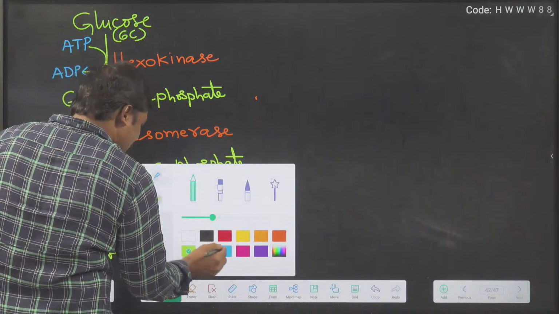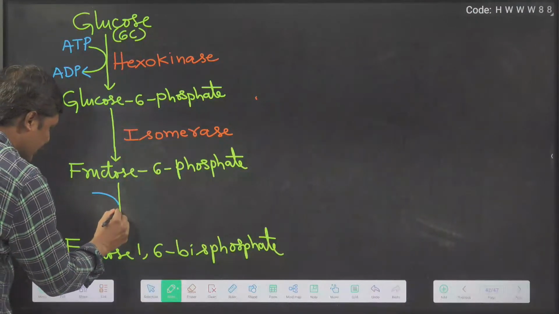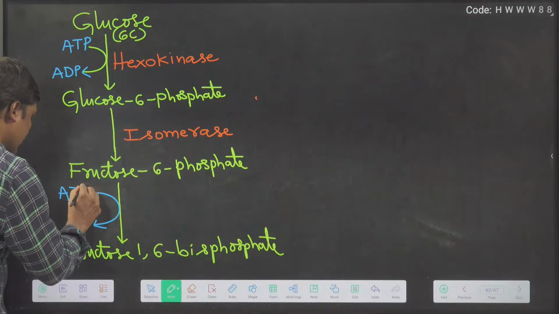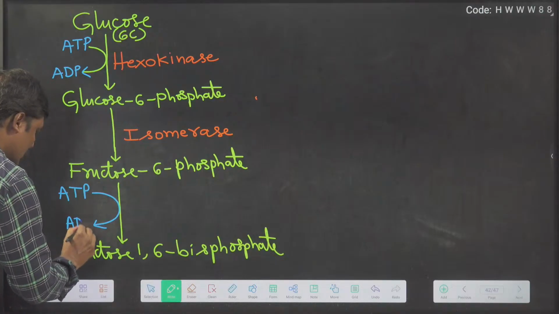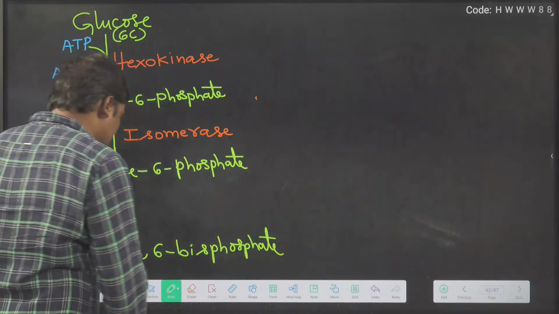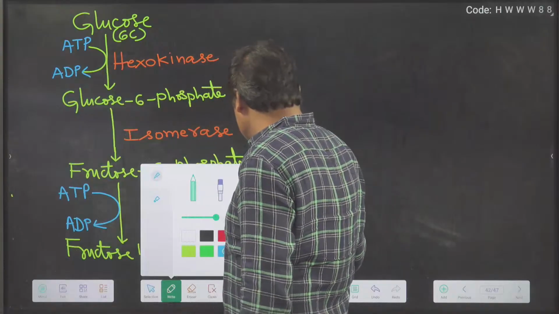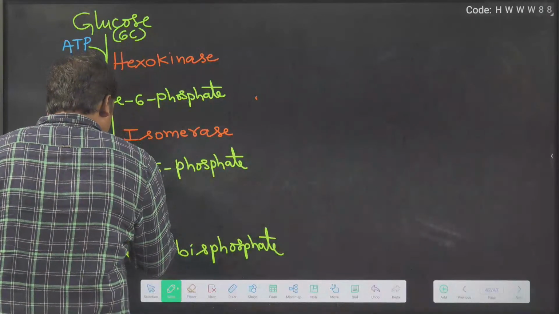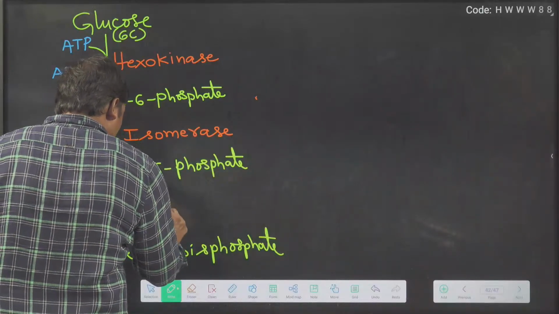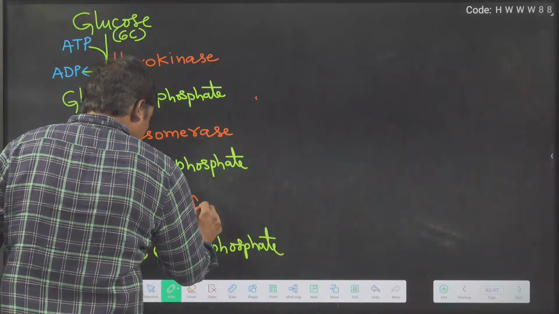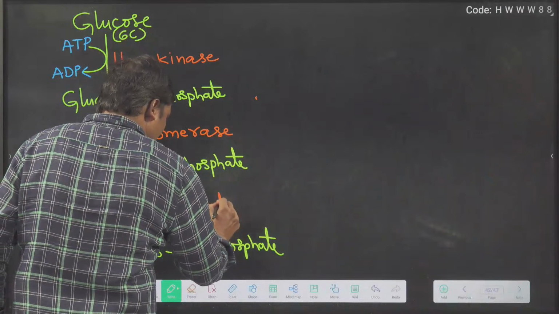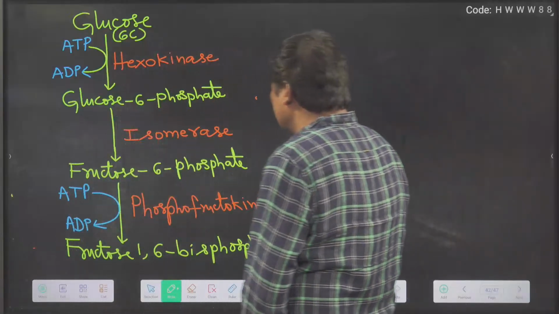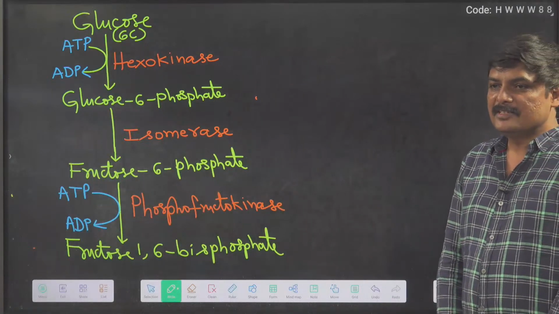Here, once again, ATP is used so that ATP becomes ADP. This is catalyzed by an enzyme called phosphofructokinase. This is the third step.